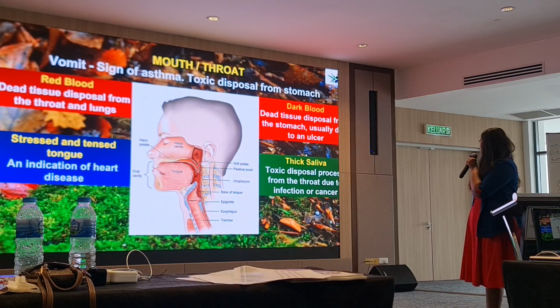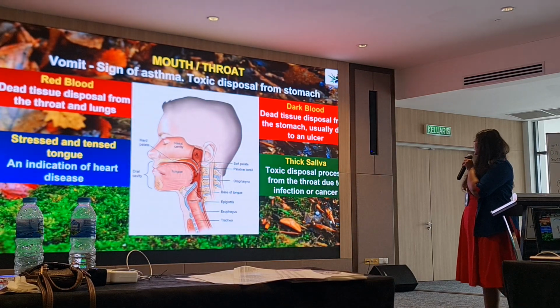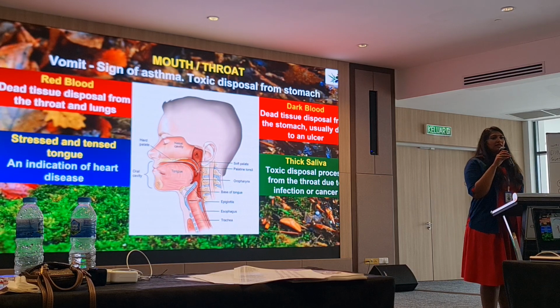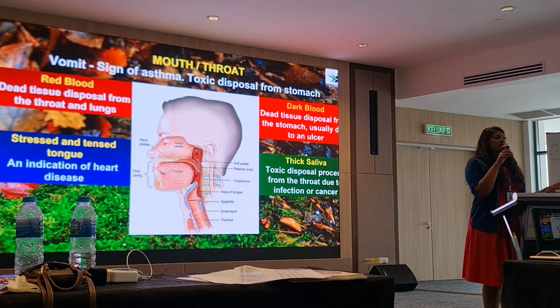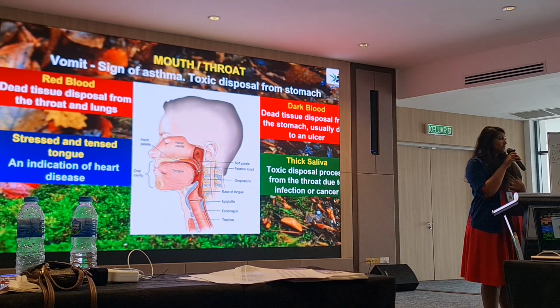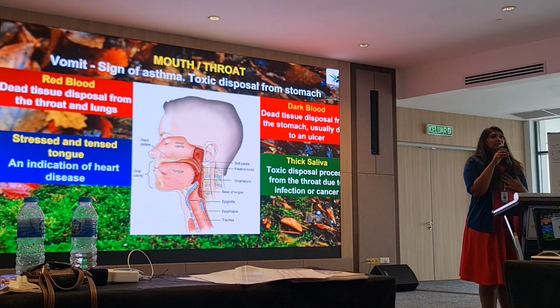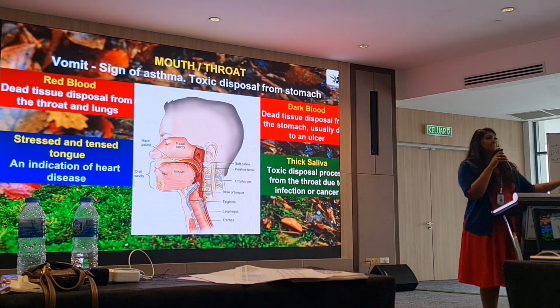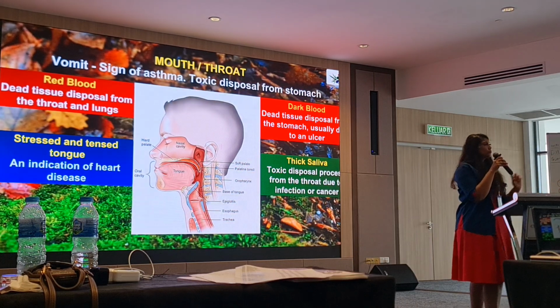Thick saliva. Toxin disposable process from the throat due to infection. So thick saliva, meaning, remember I said if the lungs, how does the lungs indicate the toxin removal? It throws its fish net, its mucus, its phlegm. So the saliva is also the same.